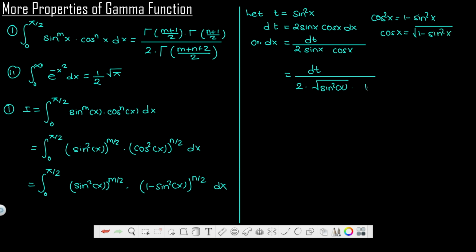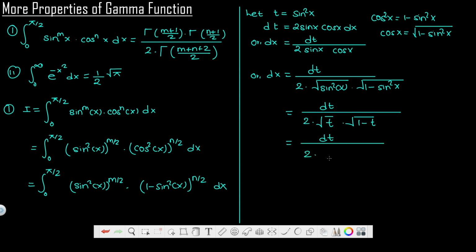So dx equals dt over 2 times, and since sine square x is t, we can write t to the power 1 over 2, and 1 minus sine square x is 1 minus t, so 1 minus t to the power 1 by 2.